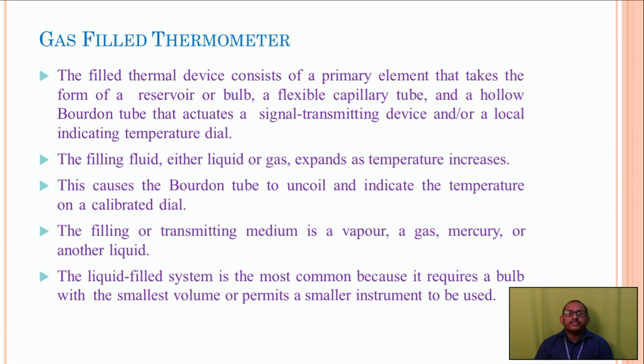The gas will be filled in a container, and the filled thermal device consists of a primary element, which is a reservoir or a bulb, a flexible capillary tube, and a hollow Bourdon tube, which actuates the signal transmitting device or a local indicating temperature dial.